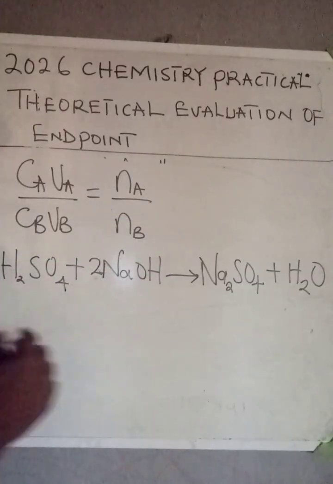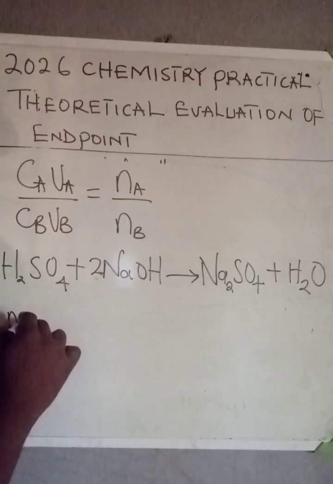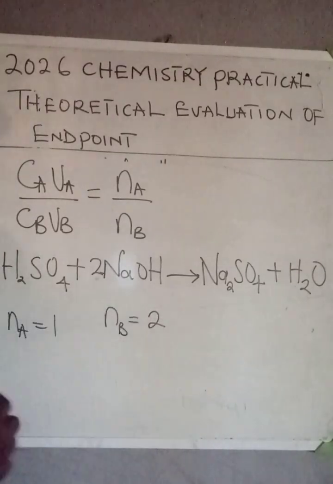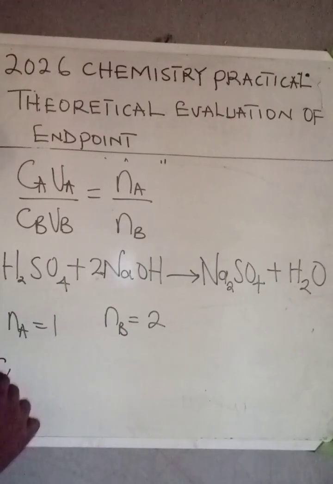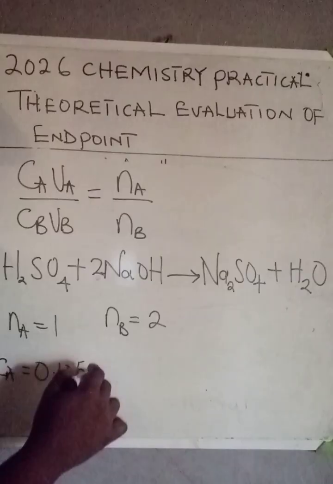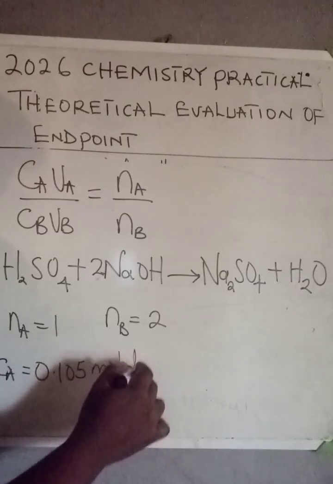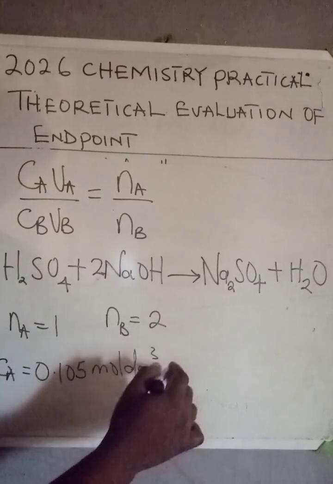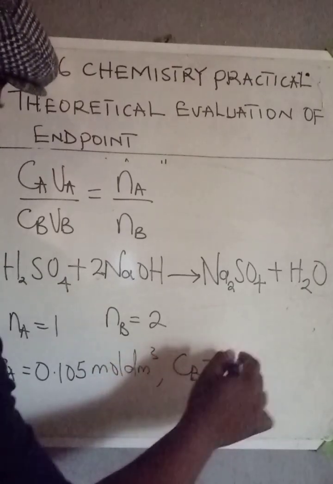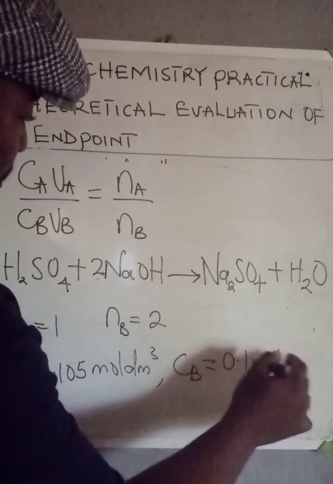That means that number of moles of acid that reacted is 1, number of moles of base that reacted is 2. So don't forget that concentration of the acid, we got the value as 0.105 mole per dm cube. And then we got the CB, concentration of the base, as 0.1 mole per dm cube.